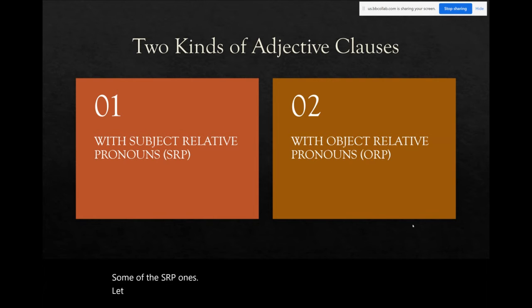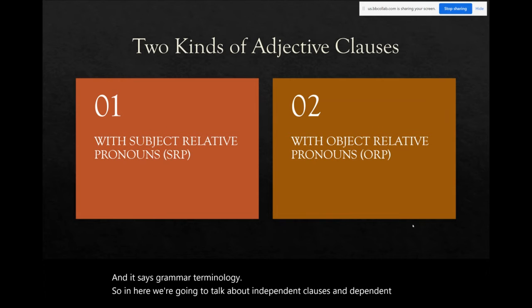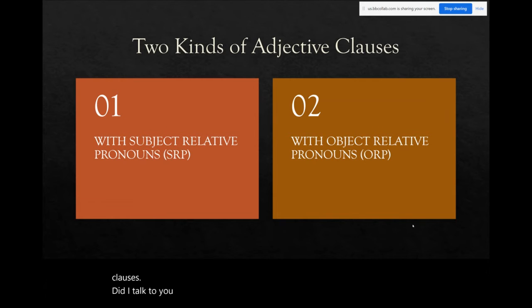Let me show you on page 321 before we start. So we should have our books open. Page 321. Look at the bottom of the page. And it says grammar terminology. So in here, we're going to talk about independent clauses and dependent clauses. Did I talk to you guys about that before? I don't remember. I don't think I did. No, not yet.